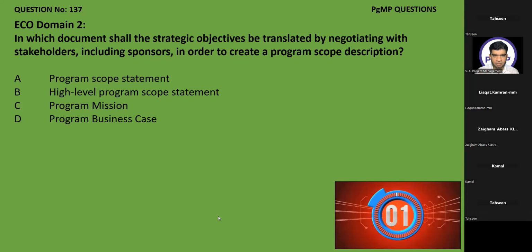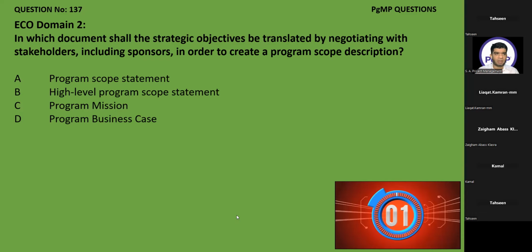Kamran sir, your answer? The question is, in which document shall the strategic objectives be translated by negotiating with stakeholders, including sponsors, in order to create a program scope description?